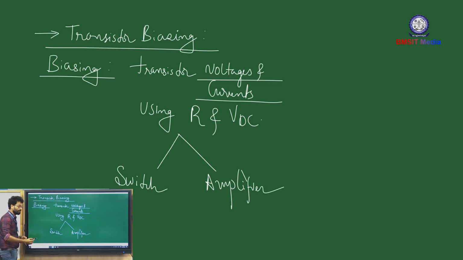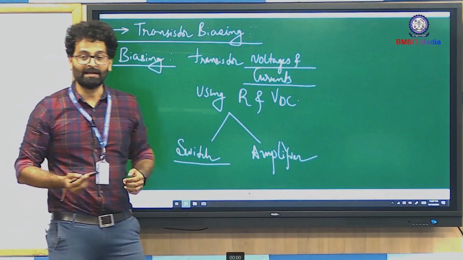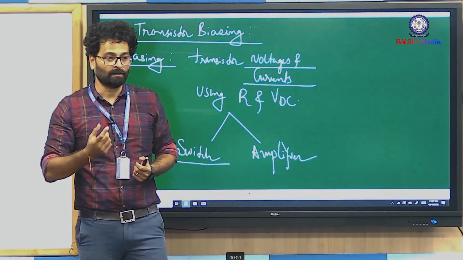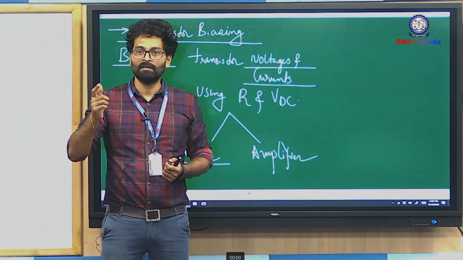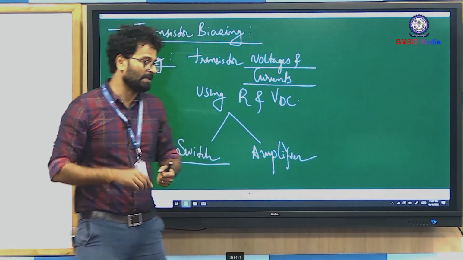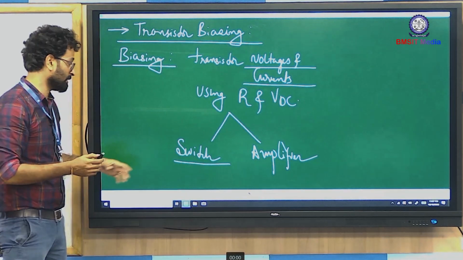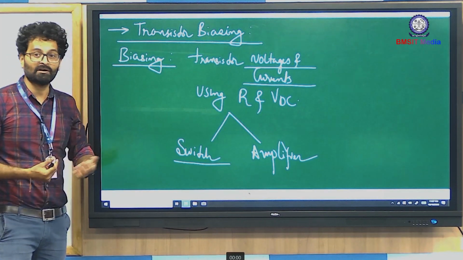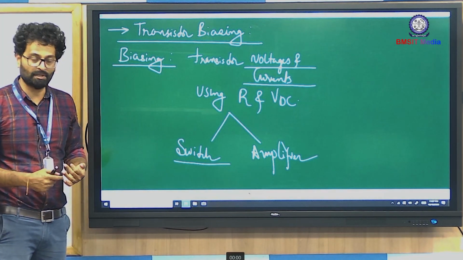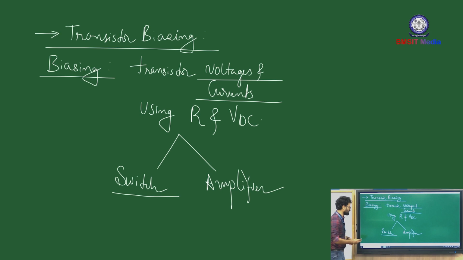Instead of using a mechanical switch, your conventional single pole on-off switch, you can also think of realizing an electronic switch, and for that you can use a transistor. Okay, so you can perform on-off operation. That is one of the major applications of transistor.